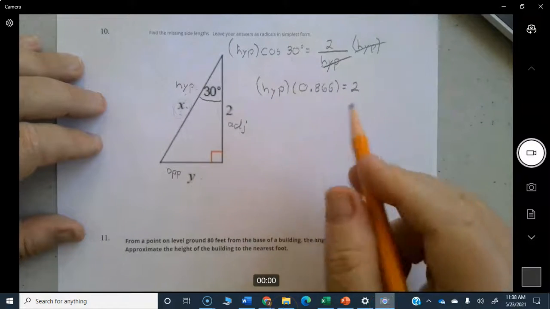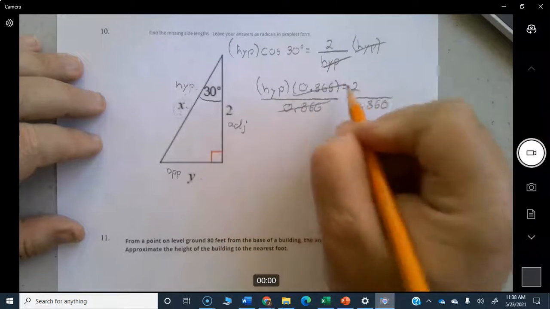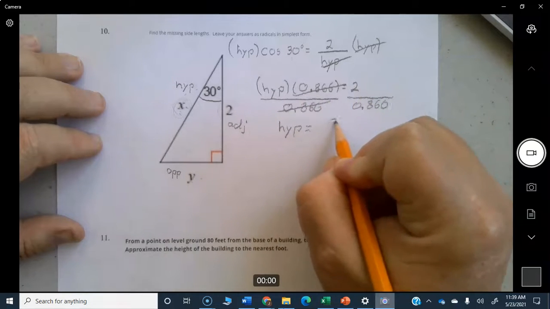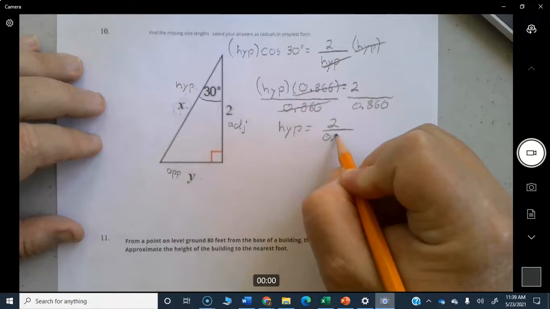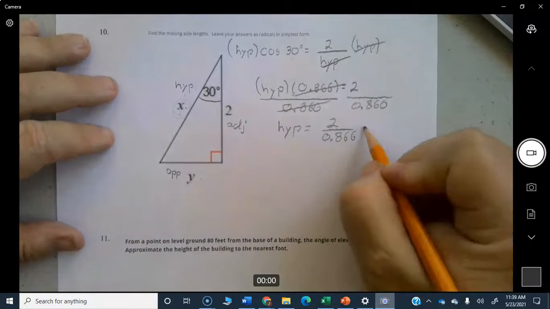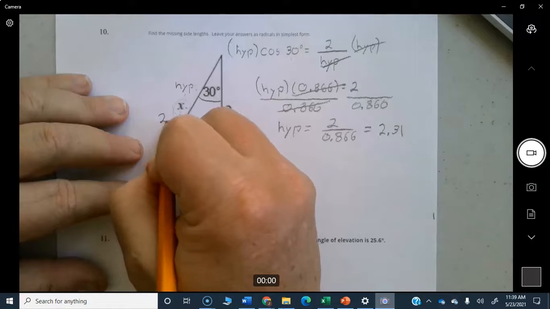Now we divide both sides by 0.866. These two cancel, and so we have hypotenuse equals 2 over 0.866, and that gives us 2.31.